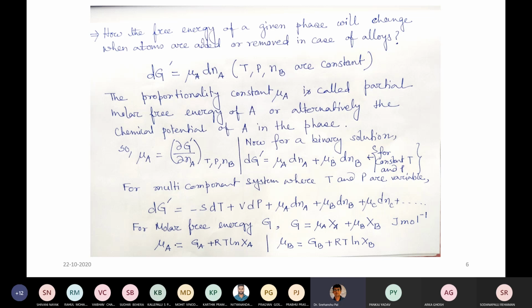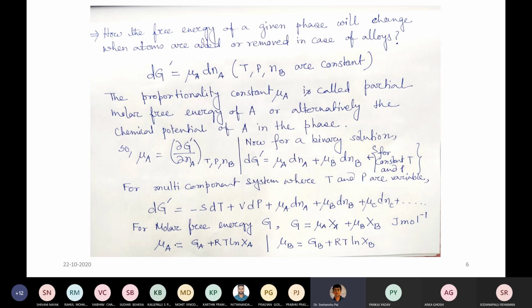Generally, G is used to denote the molar free energy, and capital G is actually independent of the size of the system. But here, when we are talking about G dot, that is not the case. That's why I put G dot to differentiate. This is to emphasize that it represents the whole system.